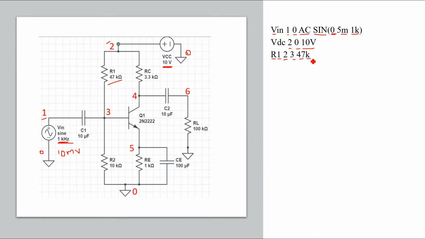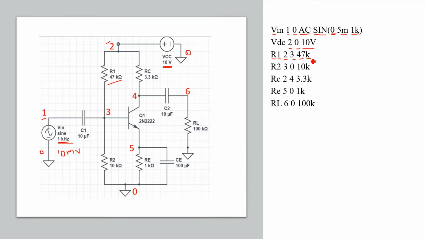Similarly, resistance R2 is between 3 and 0. Resistance RC is between 2 and 4. Resistance RE is between 5 and 0. Resistance RL is between 6 and 0.